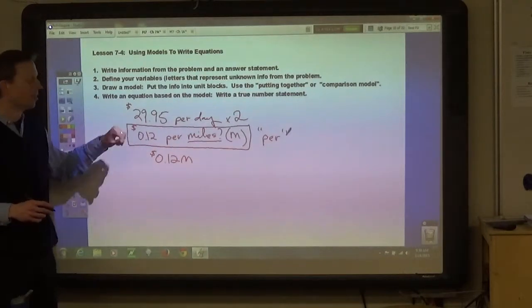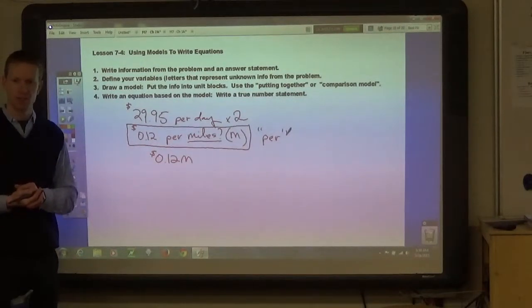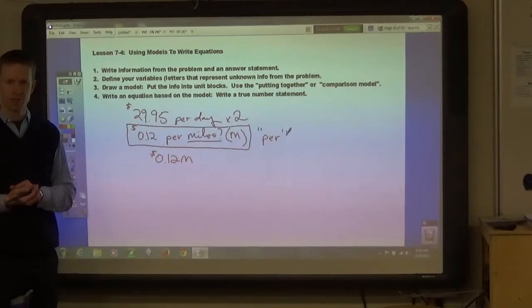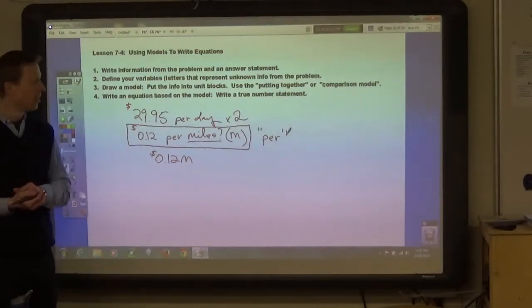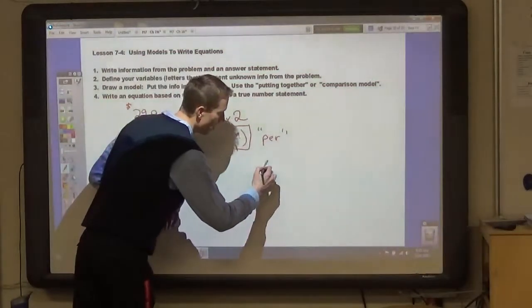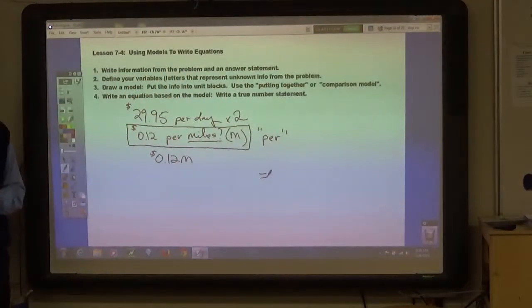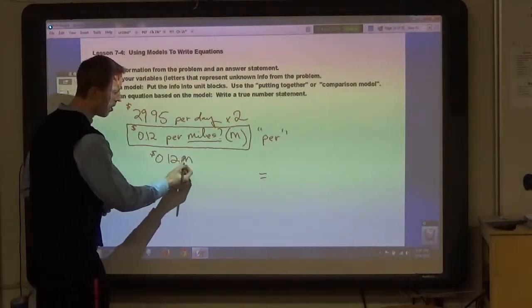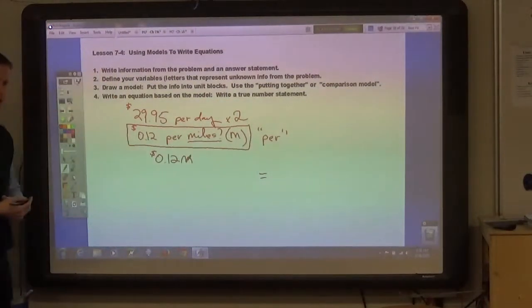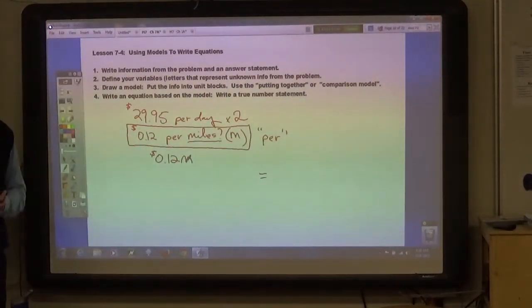Now, let's write an equation. In other words, we'll have 2 sides. One side equals the other side. What else are we missing here? On this side, we've got 12 cents per mile. What else? What other information did we already write down?